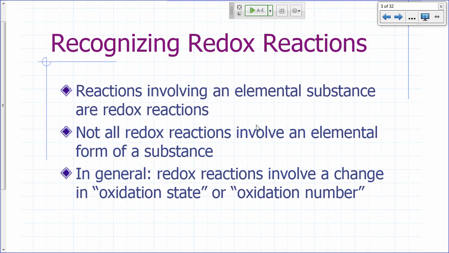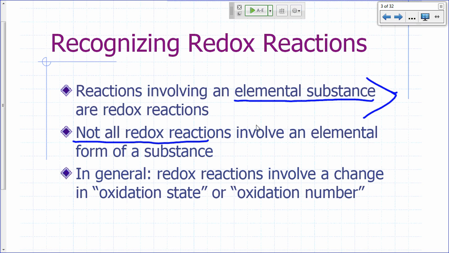If a reaction involves an elemental substance as either a reactant or a product, you can pretty much tell that it's a redox reaction. But keep in mind that not all redox reactions involve an elemental form of the substance. So this is a sufficient condition, but it's not necessary to have an elemental substance involved.